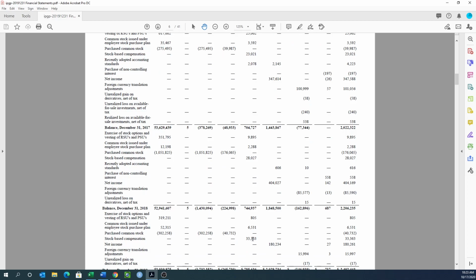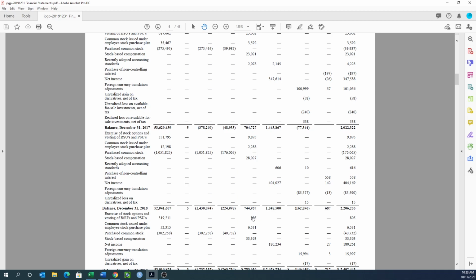And you can also see we've got exercise of options here. So this is the number of shares that got issued or exercised during this particular year. And this is the amount of cash that they collected for the exercise of those options.